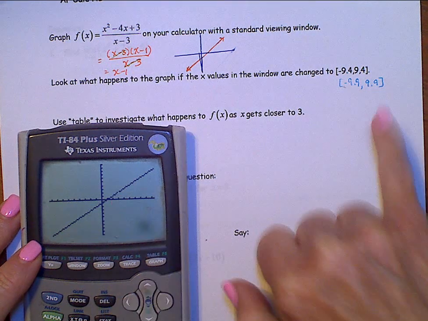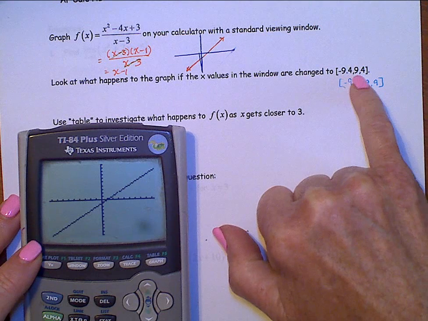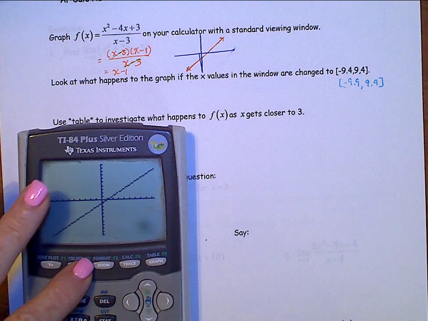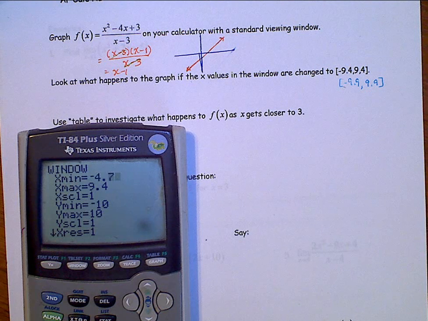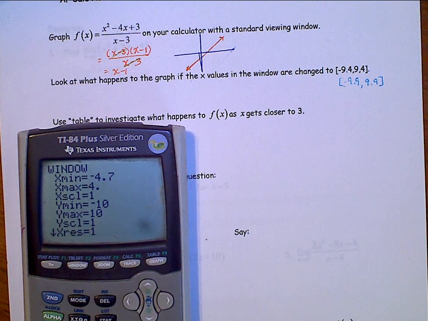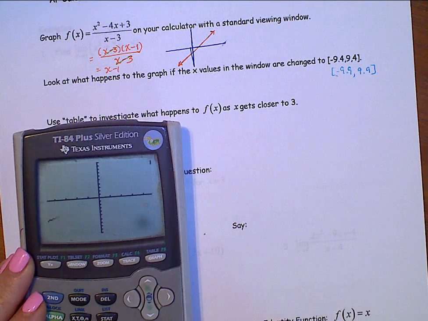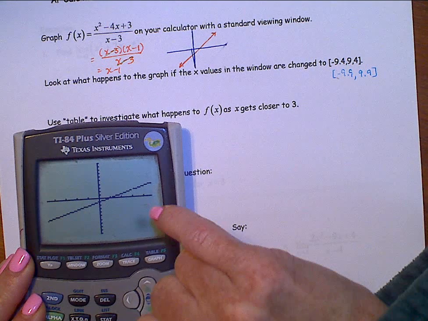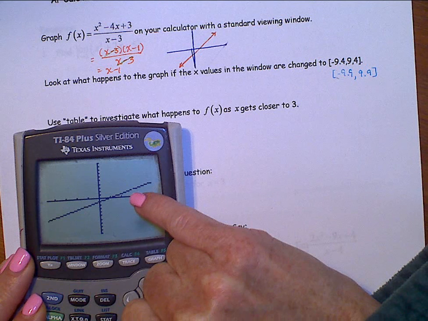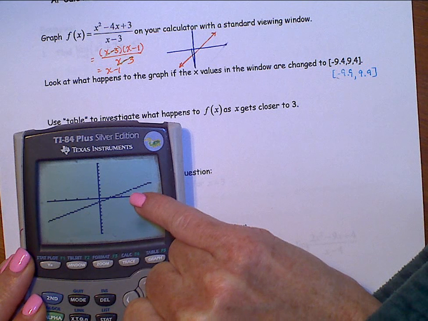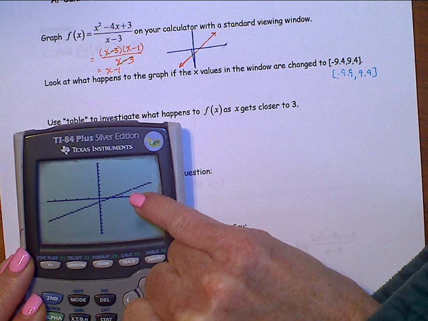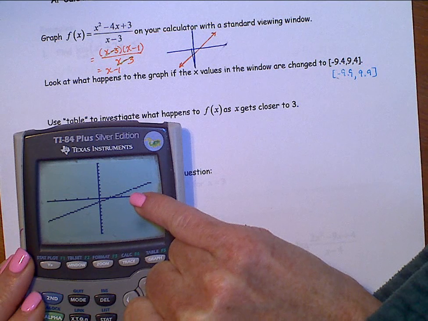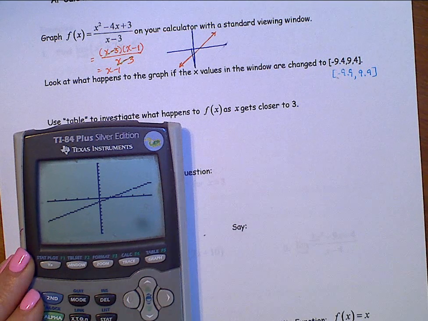If I change this window to just half of what it was for the x's, so let's go negative 4.7 to 4.7, now it might be a little bit easier for you to see when I've made this just a little bit bigger. There is a hole here at that point, 3, 2.